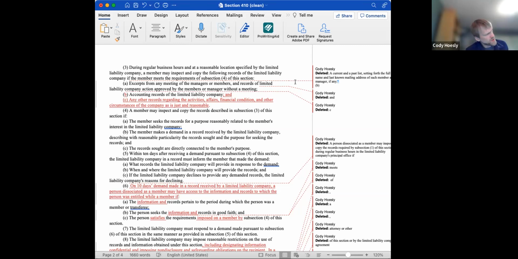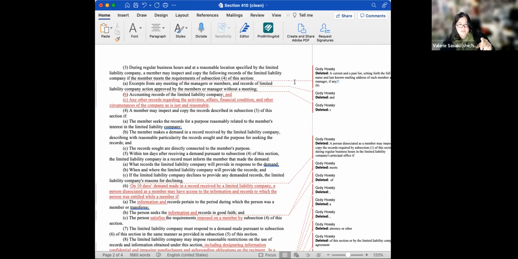You're saying that the need to have a purpose reasonably related to your membership interest and to have the particularity and the connection with your purpose is defining what it means to be just and reasonable? No, Roberta, I think that perhaps you're misreading. Both 3 and 5 point back to section 4, which is on page 116 of ROLCA and includes the language after the just and reasonable clause in B2.